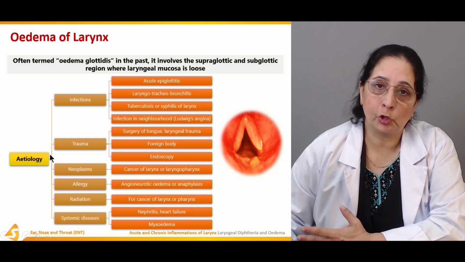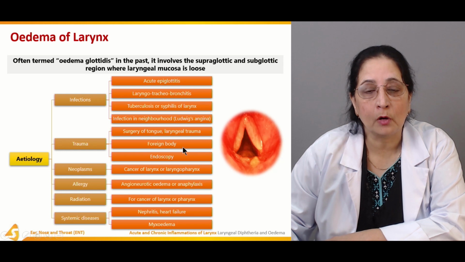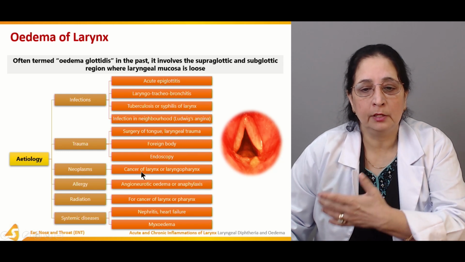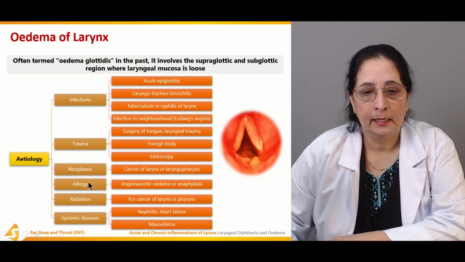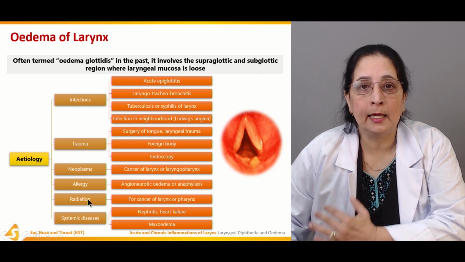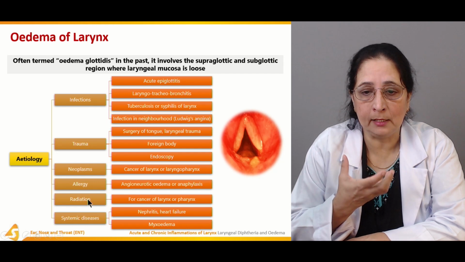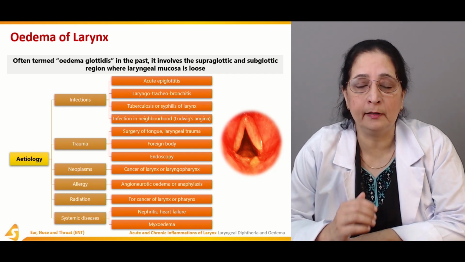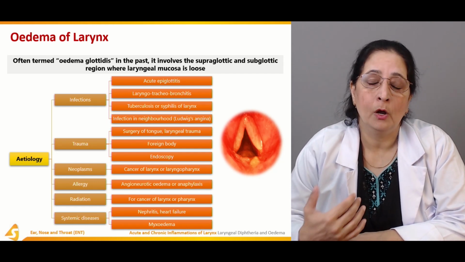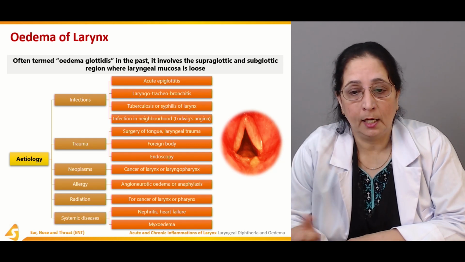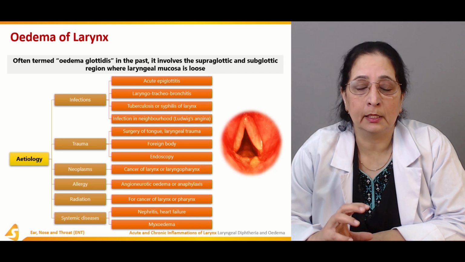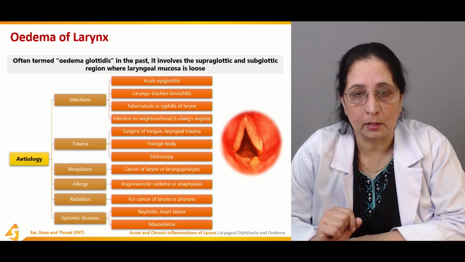Then there are traumas, like any foreign body or procedure such as endoscopy, that can cause trauma. Neoplasm and different allergies can cause swelling, especially a severe allergic or anaphylactic reaction to some drugs, which can cause laryngeal edema also.